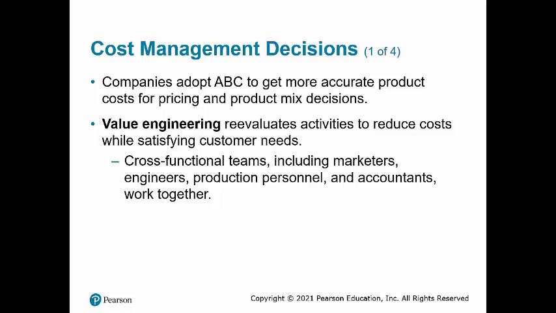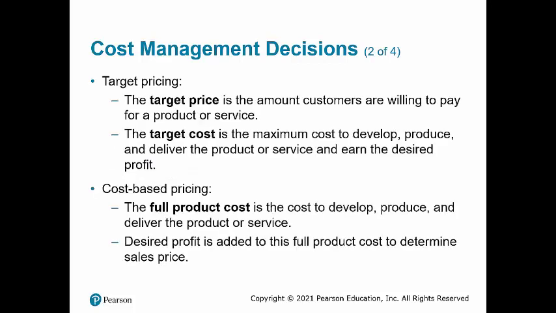These efforts involve cross-functional teams that include marketers to identify the customer needs, engineers to design the product so it can be produced more efficiently, production personnel to help improve the manufacturing process, and accountants to estimate the cost.